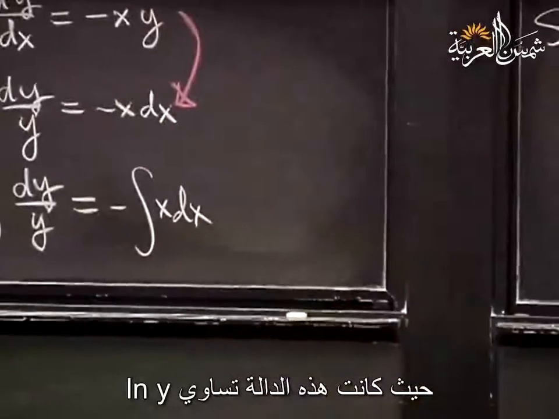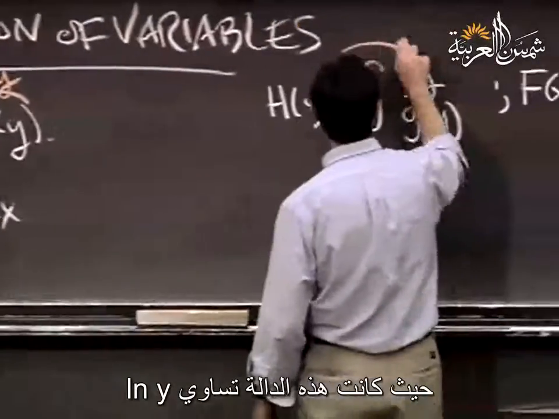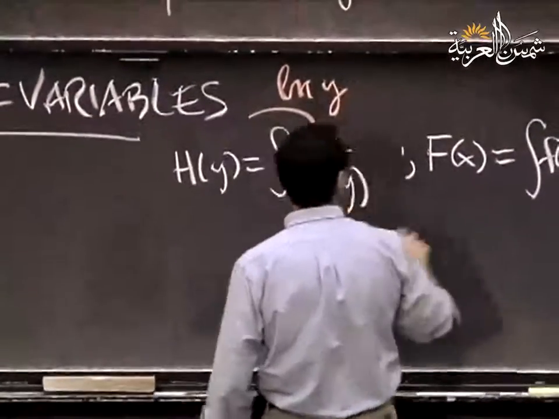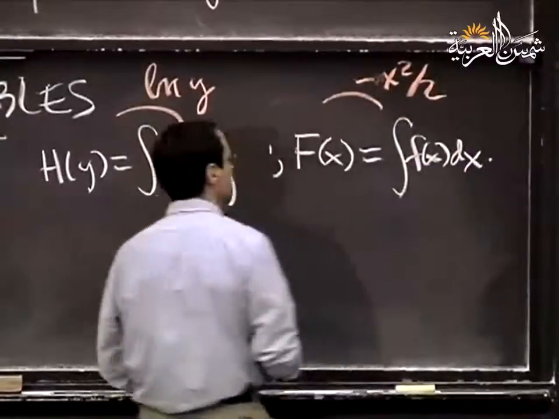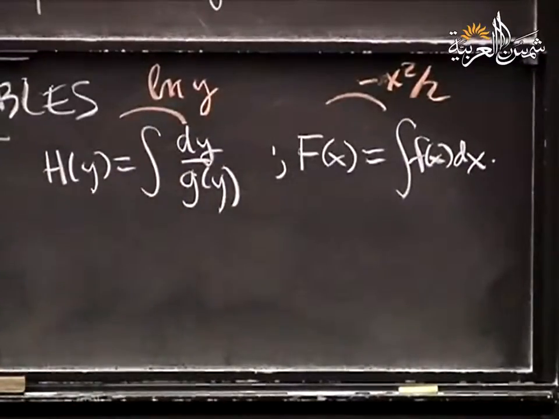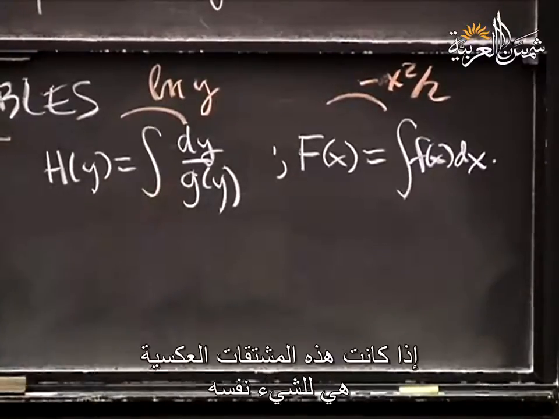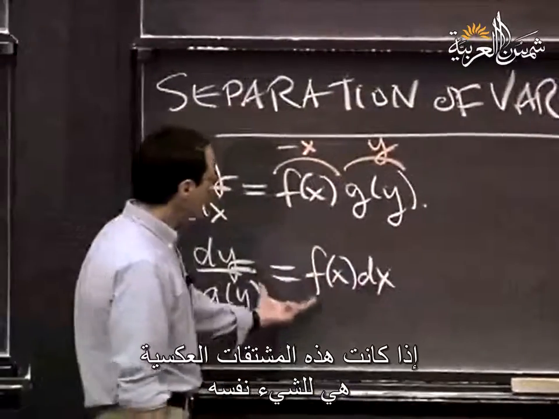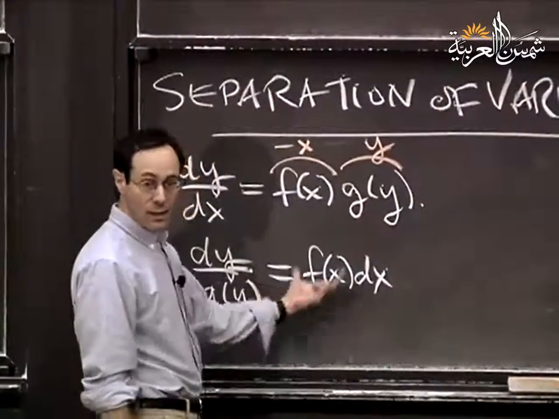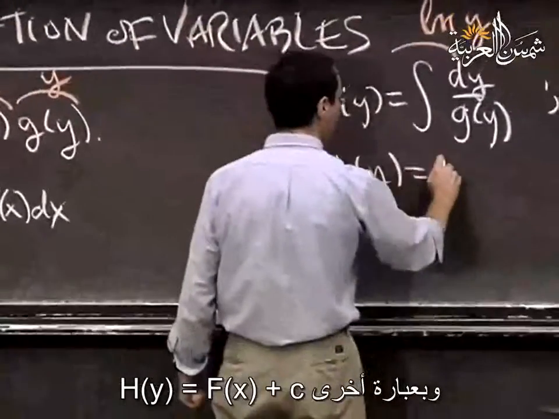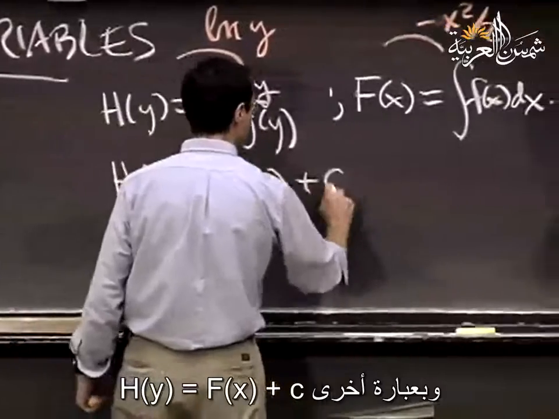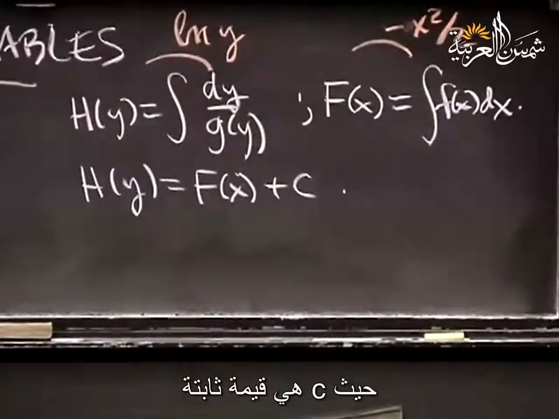We carried out this anti-differentiation, and this function turned out to be log y, and this function turned out to be minus x squared over 2. And then we write the relationship, which is that if these are both antiderivatives of the same thing, then they have to differ by a constant. Or in other words, h of y has to equal f of x plus c, where c is constant.